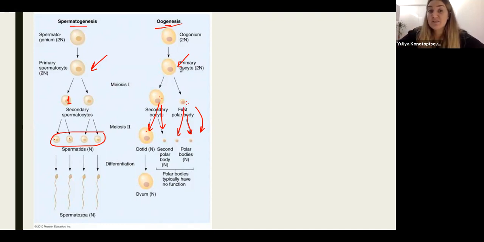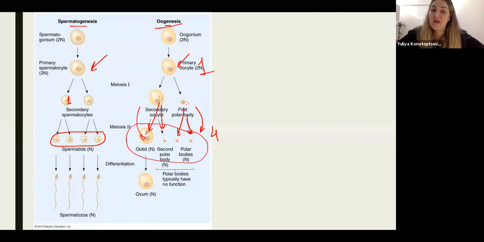So in oogenesis, you have 1 parent cell, you have 4 daughter cells, the same as in the male situation, but out of these 4 daughter cells, only 1 of them is functional. Only 1 of them can get fertilized. Polar bodies cannot be fertilized because little cytoplasm is not good. As a cell, you still need a bit of cytoplasm. Clear?